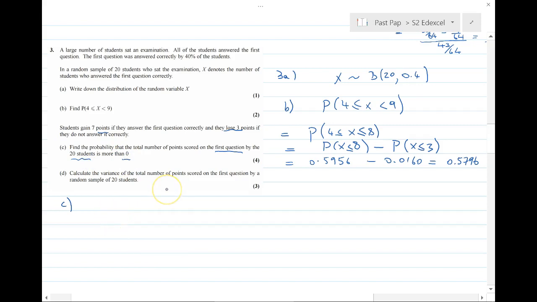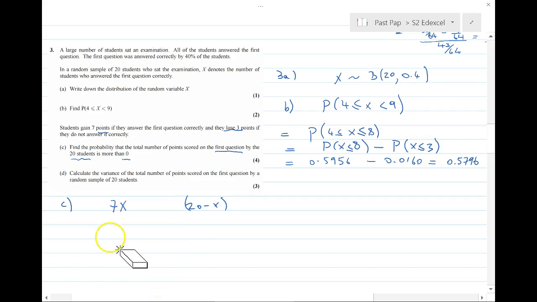So basically, if we've got x, let's call it x, that actually get it correct, then there'll be 20 minus x who get it wrong.